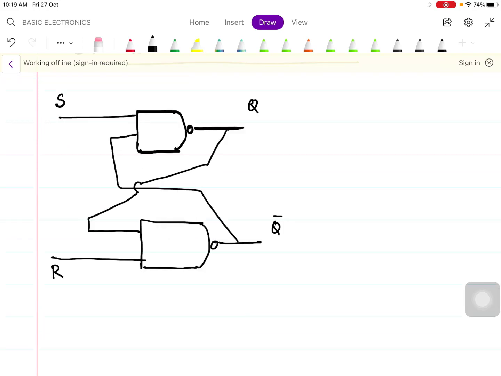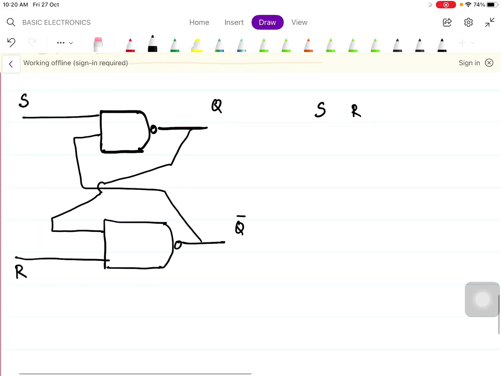Now we will directly write the truth table of the SR latch using NAND gate, since we have already discussed the working for NOR gates. In all the flip-flops, by default, this NAND gate SR latch will be used, so we have to remember this truth table very carefully. As there are two inputs, there are four combinations.